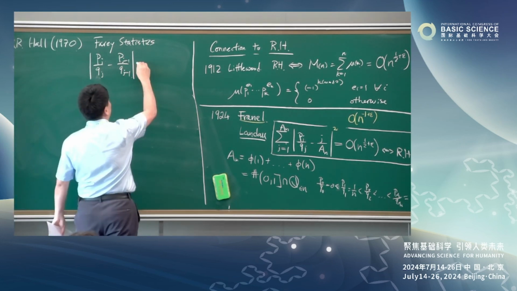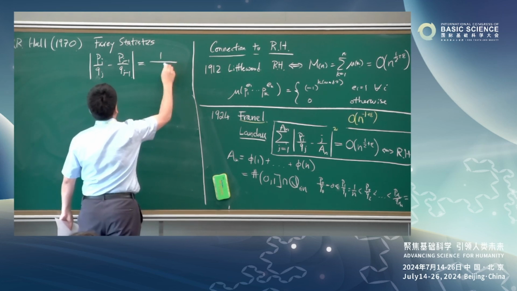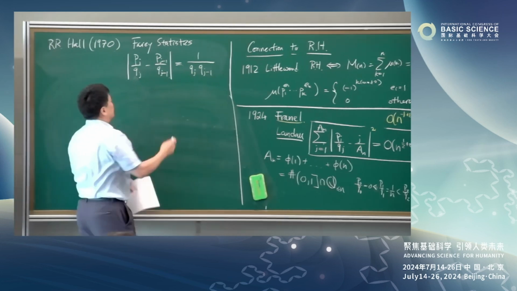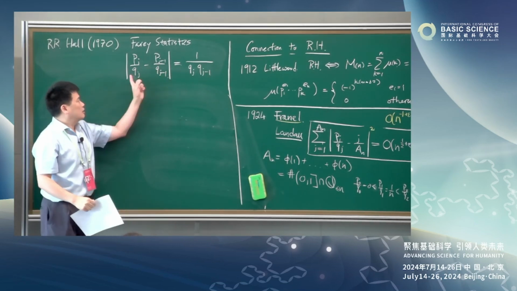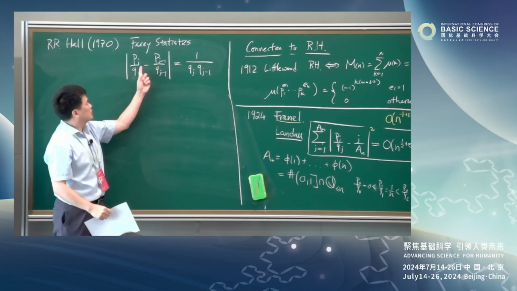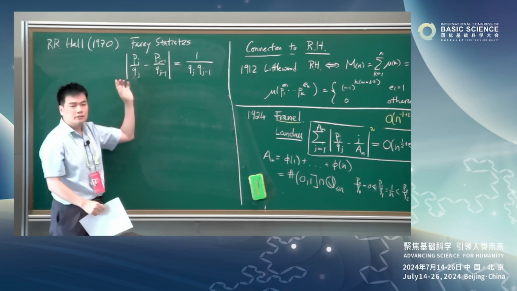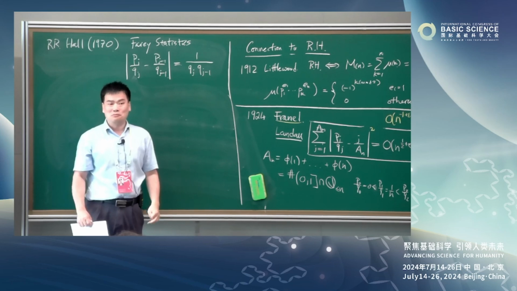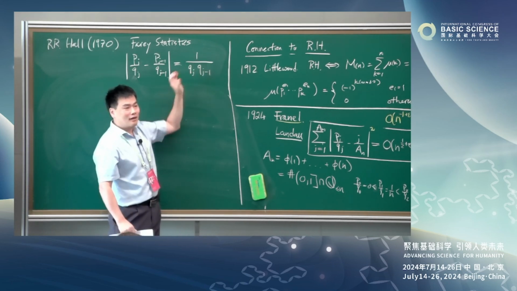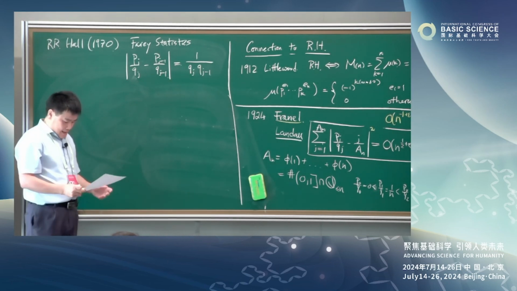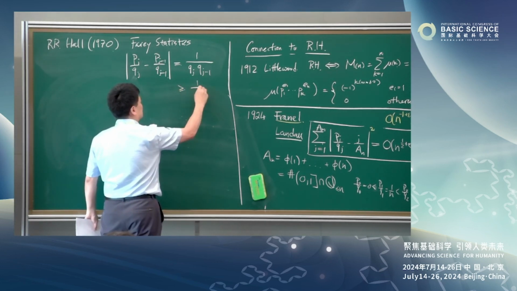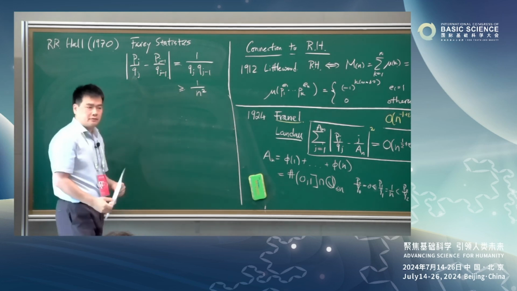This is nice because consecutive Farey fractions are unimodular, in the sense that the cross product is equal to 1, and so you get rid of the absolute value that way too. This is also not hard to analyze, and in particular, this is always bigger than 1 over n squared.